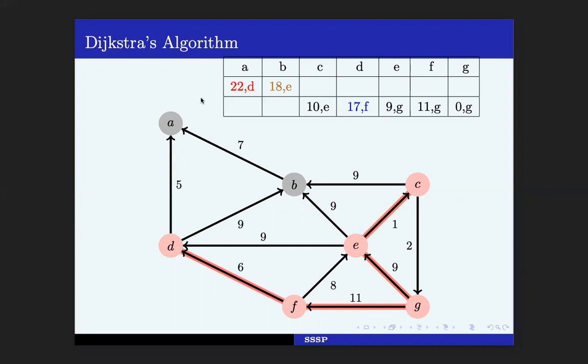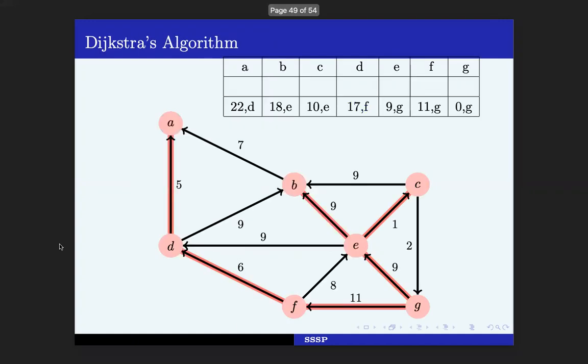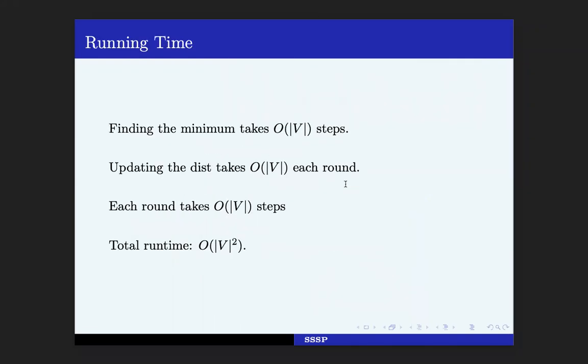So the total runtime is just order V squared, because every round you have to take V of them, and you are updating at most D of them. So you can do it in order V squared steps.